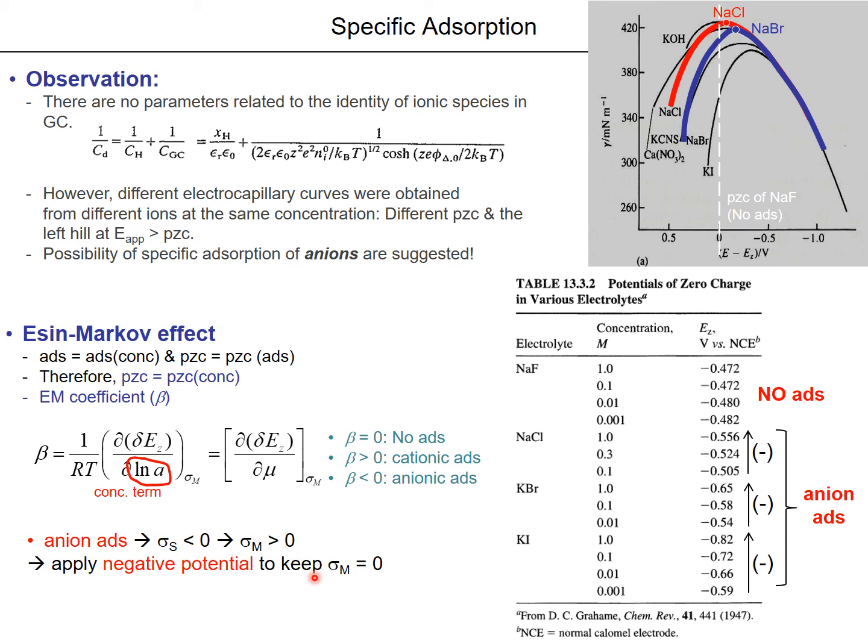To obtain the point of zero charge, the excess charge of the metal plate should go to 0. So you should apply a more negative potential to the metal plate, because right now the sigma of the metal plate is a positive value. So a negative potential shift is obtained for anionic adsorption.